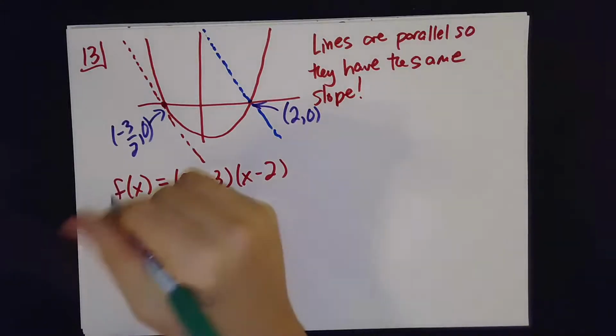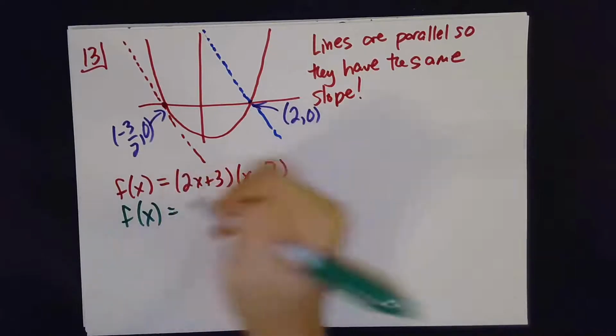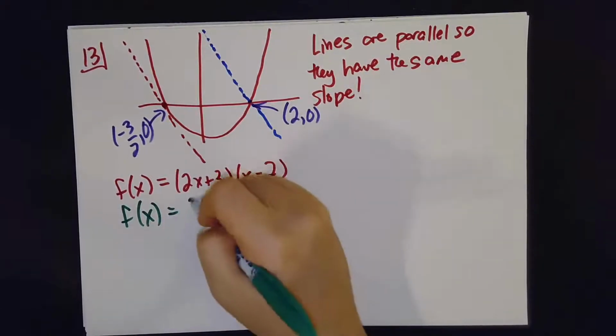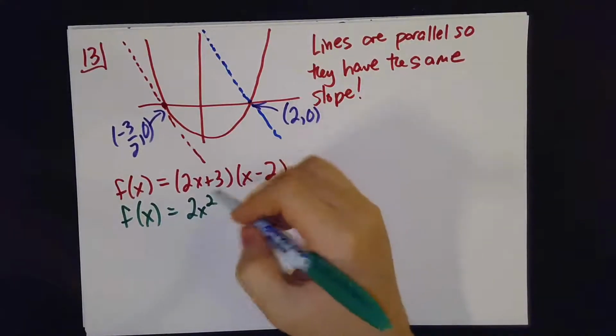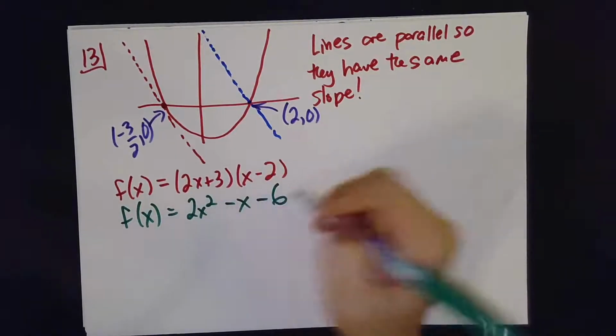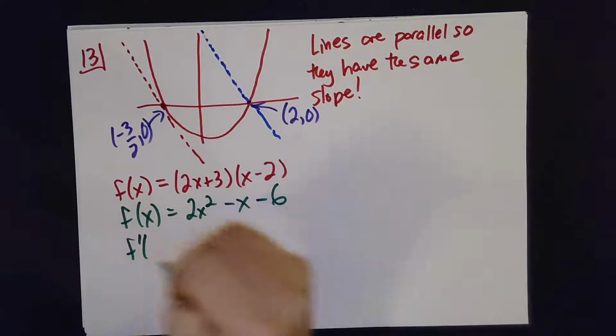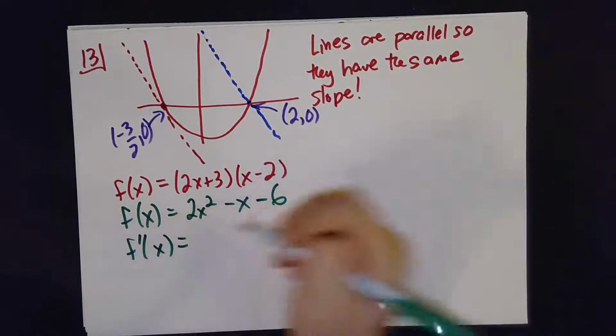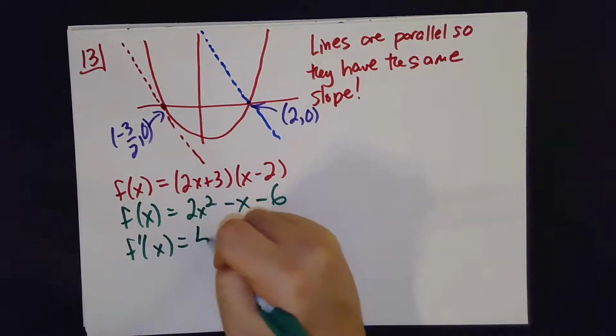Okay, so I had to FOIL this out. So this is going to be 2x squared plus 3x minus 4x is minus x, minus 6. So f prime of x will be 4x minus 1.